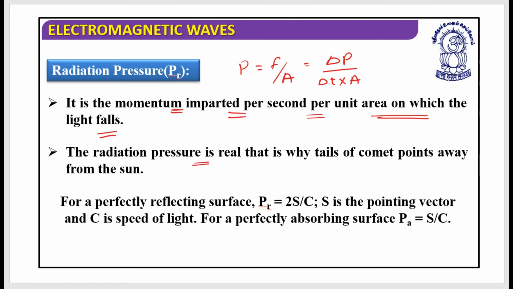The white tails of comets point away from the sun because of radiation pressure. For a perfectly reflecting surface, this pressure equals 2S by c, where S is the Poynting vector that we have discussed and c is the speed of light. And for a perfectly absorbing surface, it equals S by c.